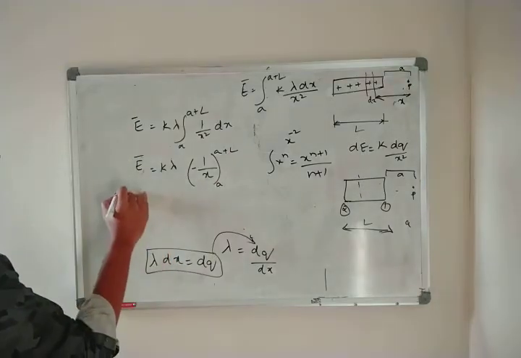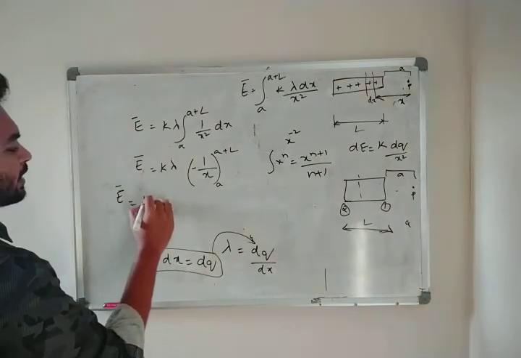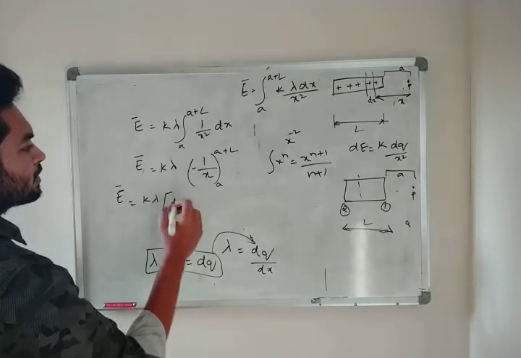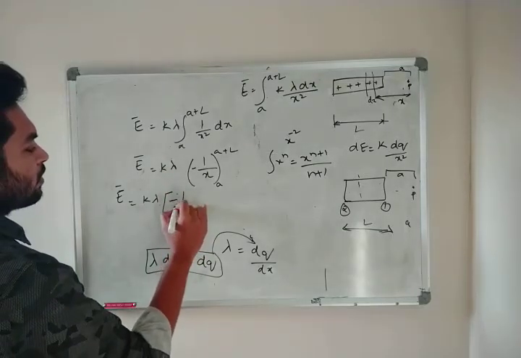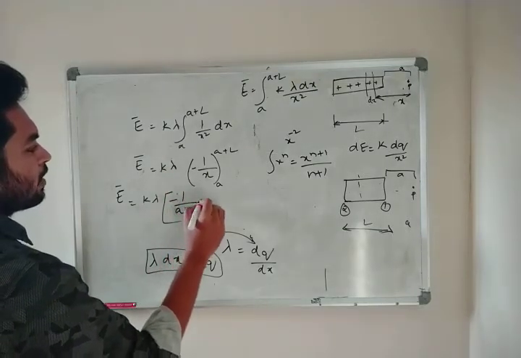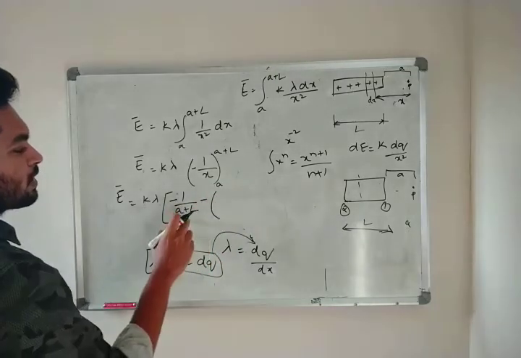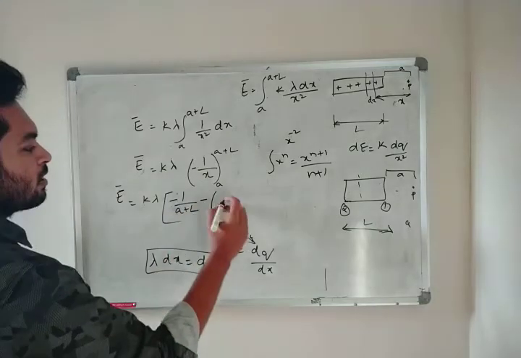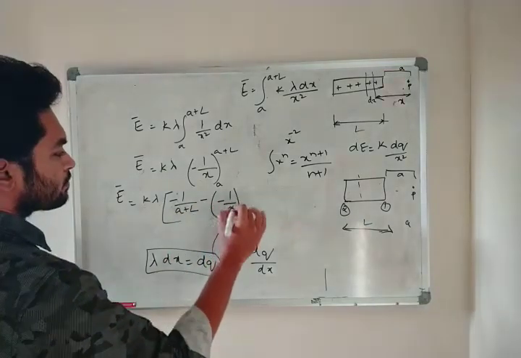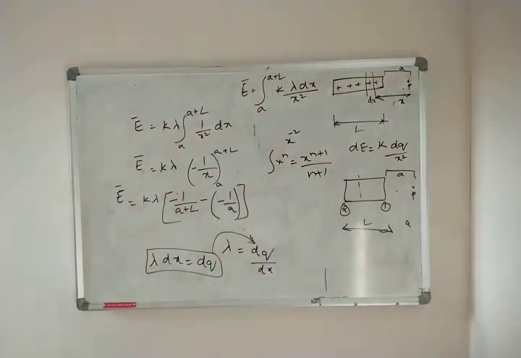Now if I calculate, E is equal to k lambda times upper limit minus lower limit. So minus 1 by a plus L, minus of the lower limit, minus 1 by a. So this is what you will get.